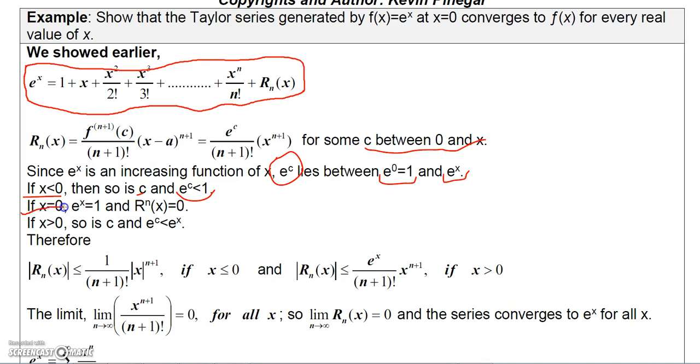If x were equal to 0, then e to the x would equal 1, so basically you would have it trapped between 1 and 1. So therefore, the remainder would basically just be 0. And then the third case, if x is greater than 0, then c would be greater than 0, and so e to the x would have to be greater than e to the c.